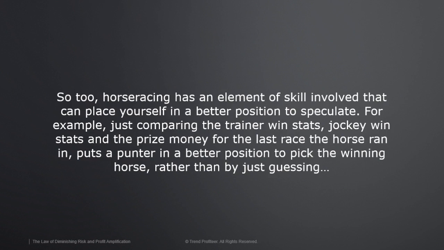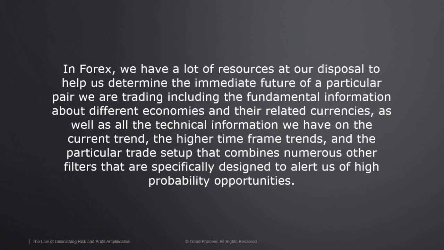So too, horse racing has an element of skill involved that can place yourself in a better position to speculate. For example, just comparing the trainer win stats, jockey win stats, and prize money for the last race the horse ran in puts a punter in a better position to pick the winning horse rather than just by guessing.